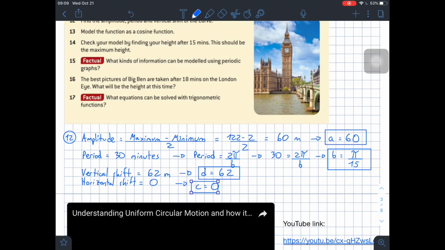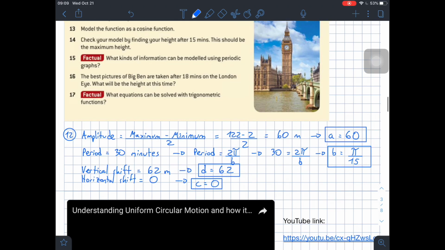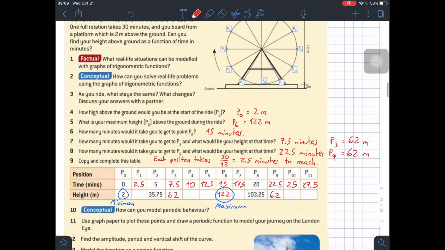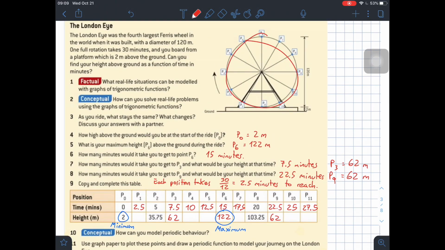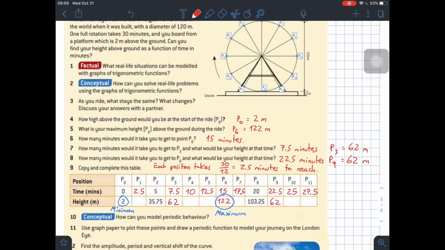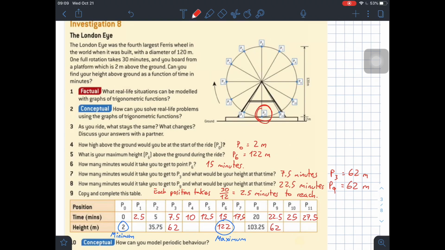Okay, so once we have all of our values, now we can write down the full equation, right? Let me write this in red again. The full equation that describes this periodic motion would be, we still need to define whether it's a sine or a cosine function. You see that we're starting at the minimum point. If we're starting at the minimum point, we should consider a cosine function, right?